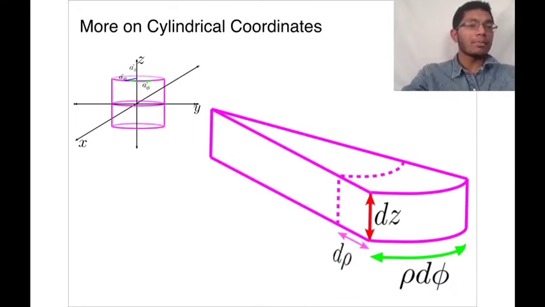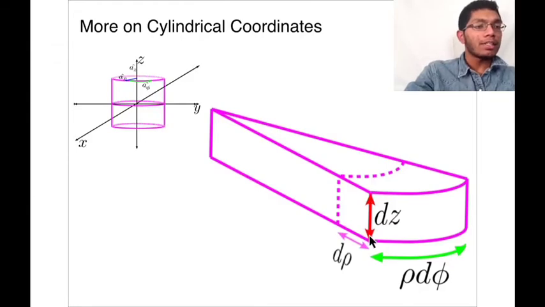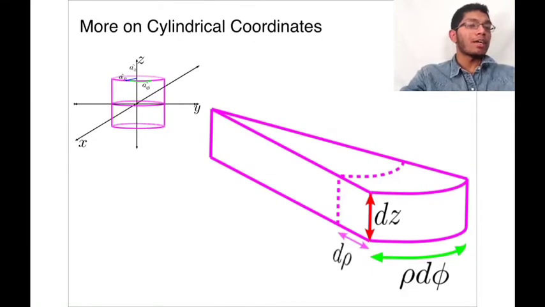You can see it looks like a bit of Swiss cheese almost, and I have a little bit going in the z direction, a little bit in the rho, and this is just an arc length. If you remember your basic math from high school, to find the arc length you would multiply the radius and the angle that was made by that arc.